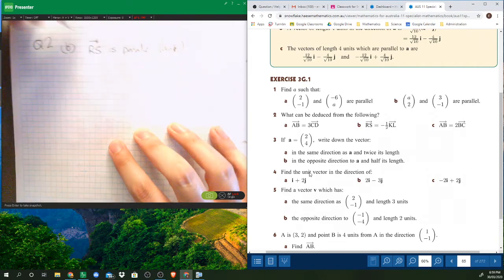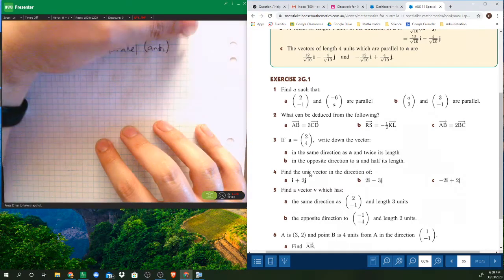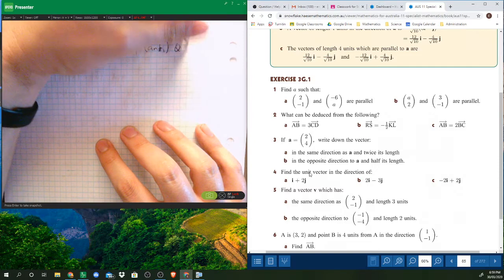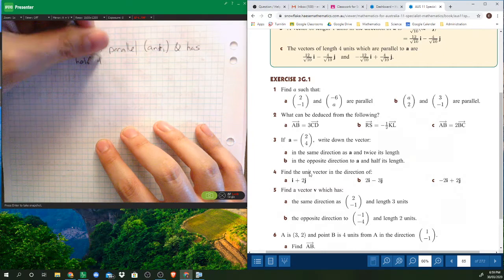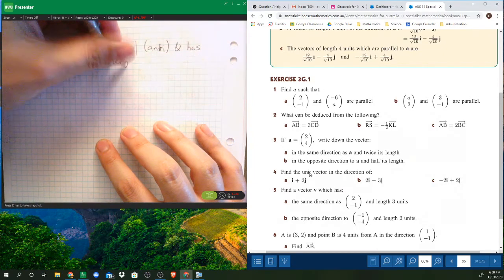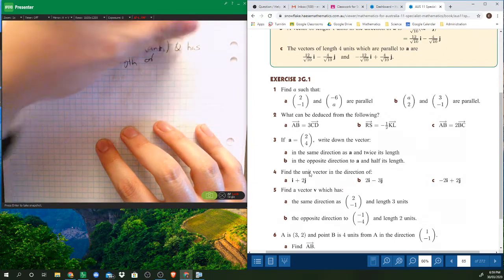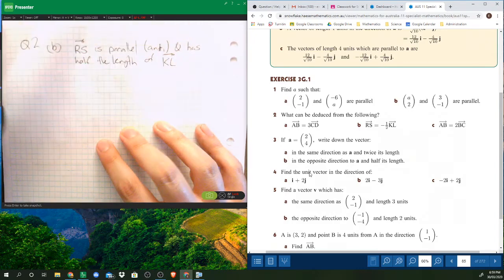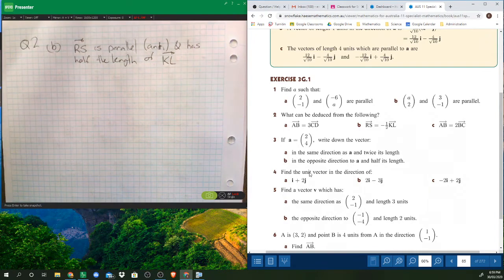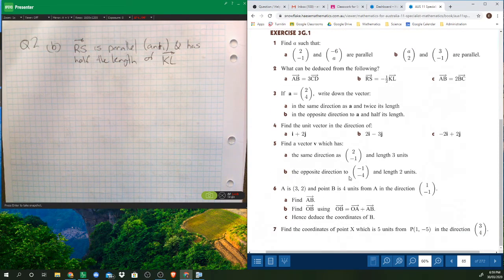And has half the length of KL. Okay. Find the unit vector in the direction of. I think that's easy enough. We've done an example of that. Right, then the vector. Yep, we've done those.